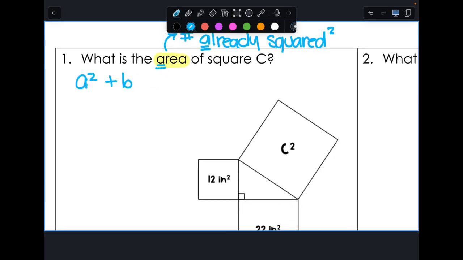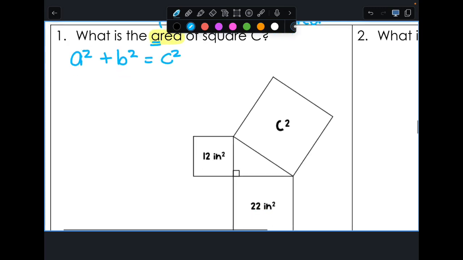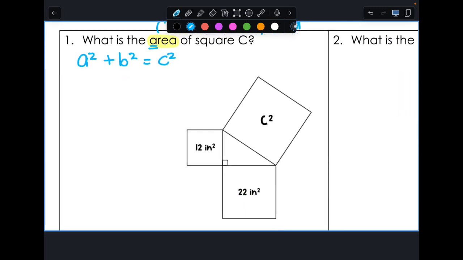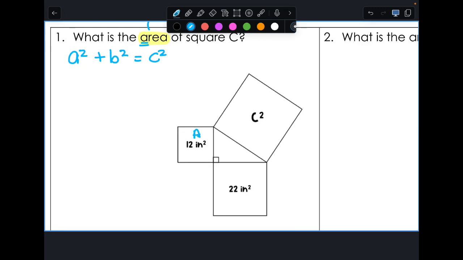A squared plus B squared equals C squared. Okay, we can label our smallest box A, our next B, and then notice C is already labeled. C will always be across the right angle. What is C called? Starts with an H. Hypotenuse. All right. What is A squared? Notice the number is already squared.